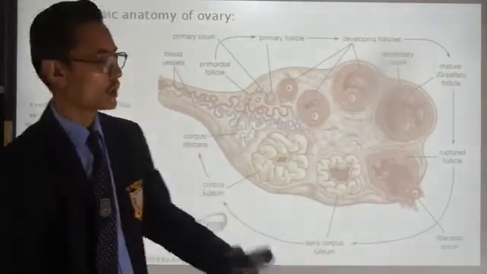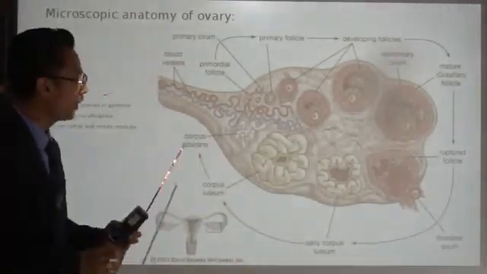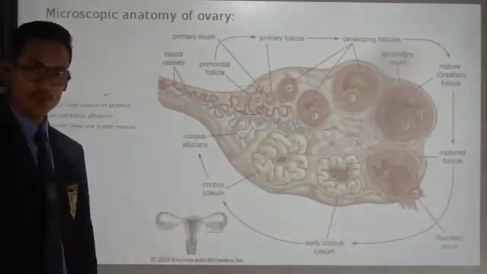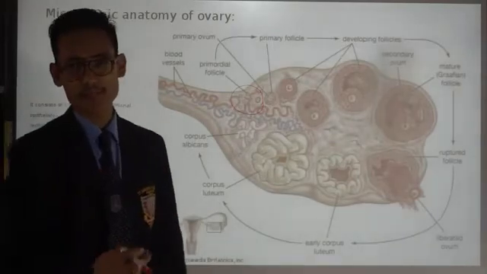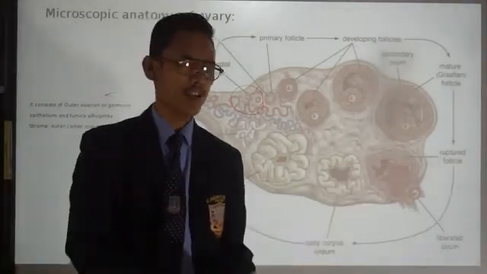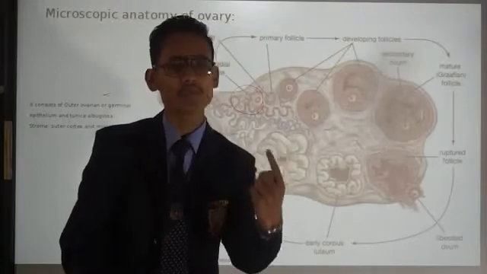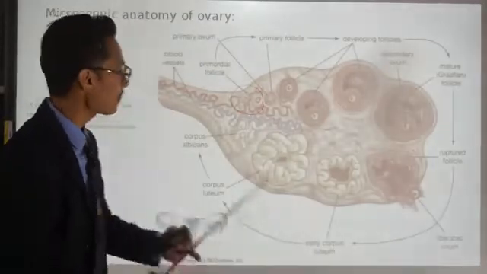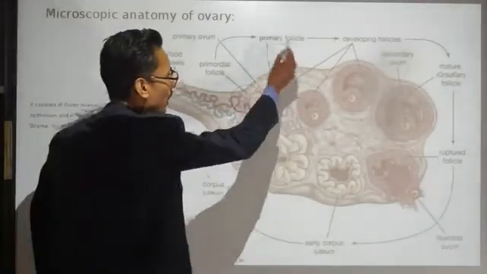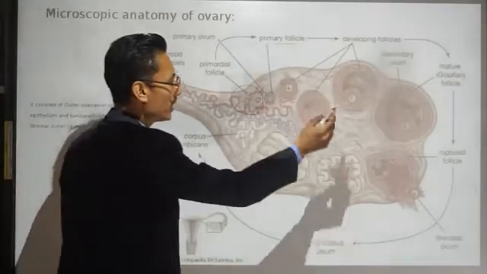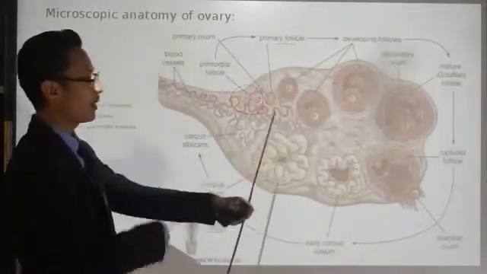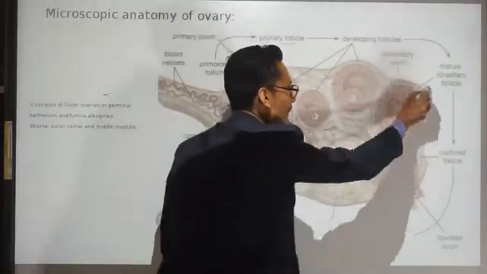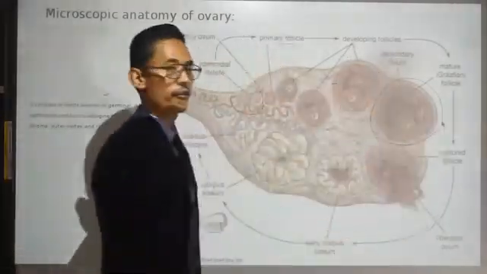In the medulla part, first of all, we will find the primordial germ cells, a group of them, and each and every month, only one of the primordial germ cells will keep on developing. It forms the primary follicle, then the secondary follicle, then the tertiary follicle, and finally the mature Graafian follicle.